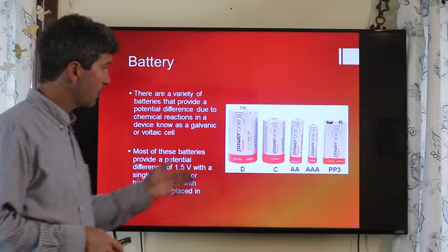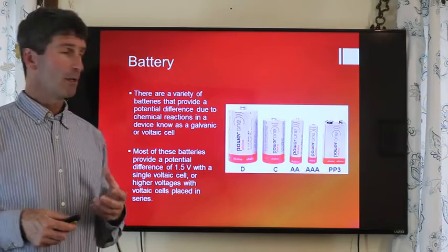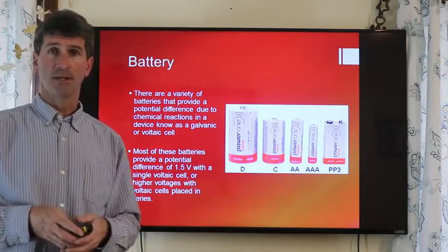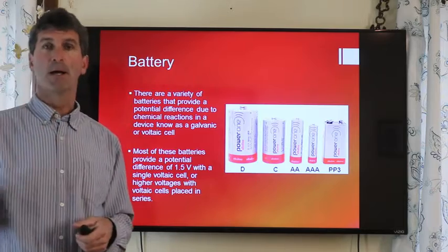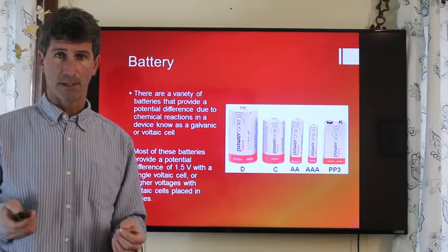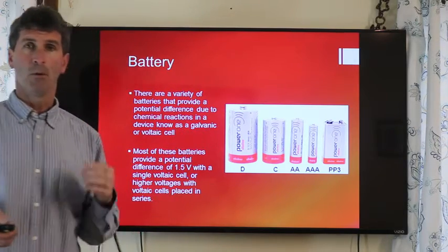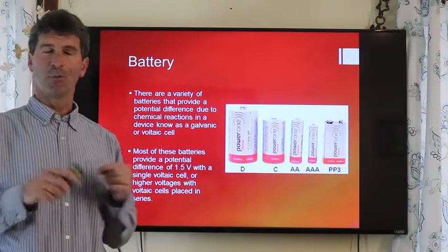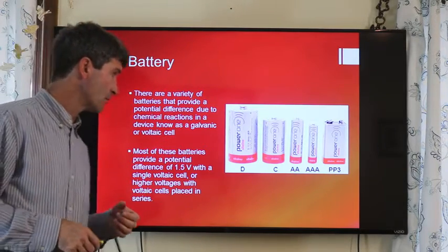Now these are all rated at 1.5 volts, which means that any charge that is hooked up to this, if it goes from the positive terminal to the negative terminal, or the negative terminal to the positive terminal, depending on its charge, will receive 1.5 joules for every coulomb of charge that moves.